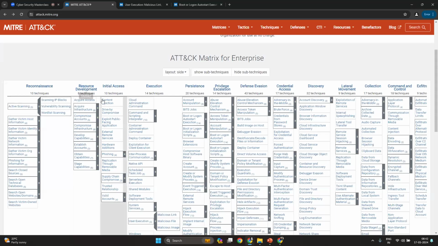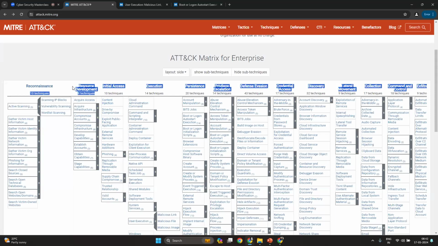Now resource development. A detection on resource development could be for a typosquatted domain.